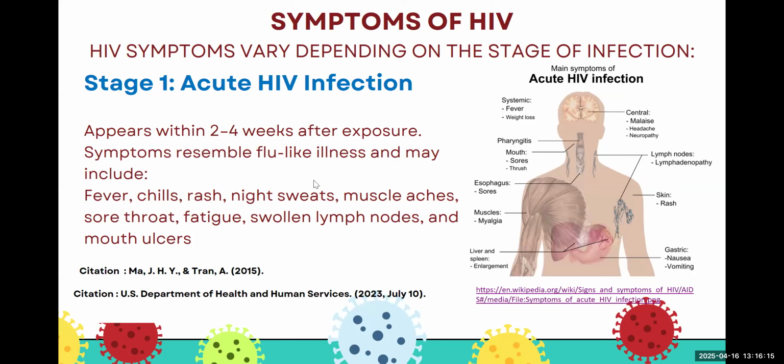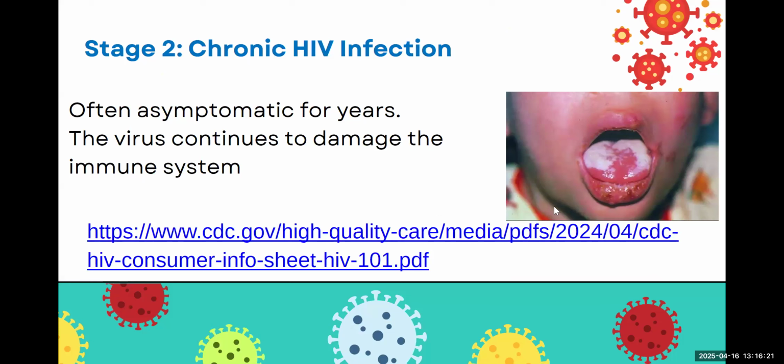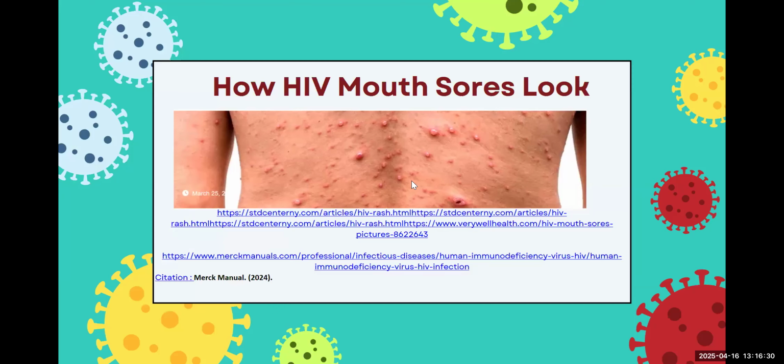So it's different from one person to another and is divided into many categories. This picture is of a child who has HIV from the mother, and these are sores that look like pimples everywhere.